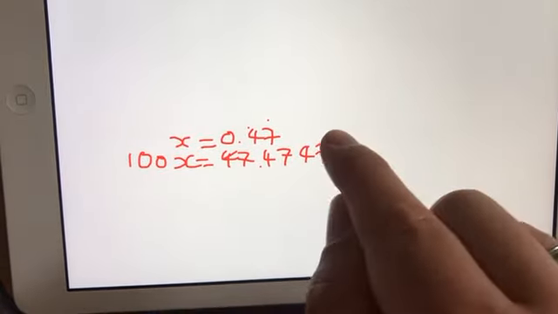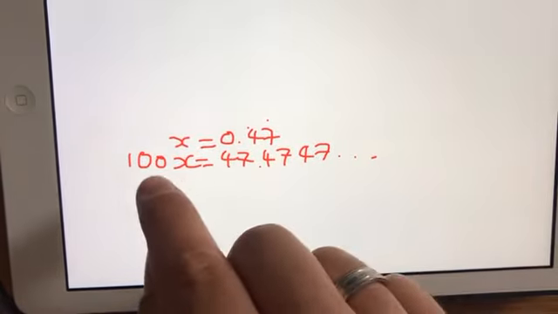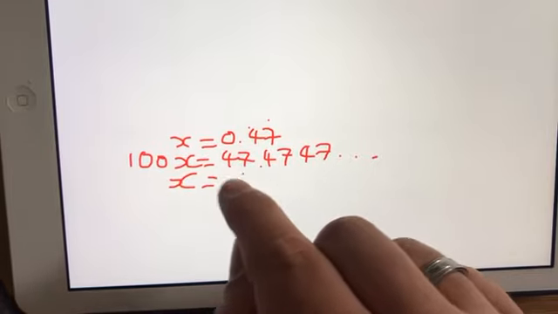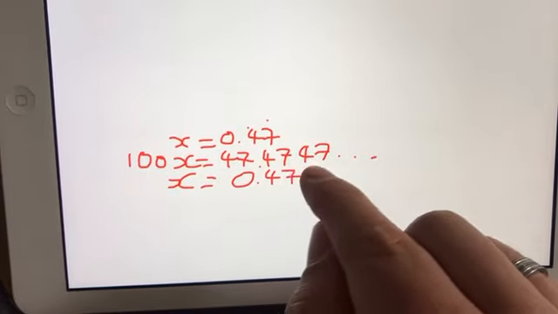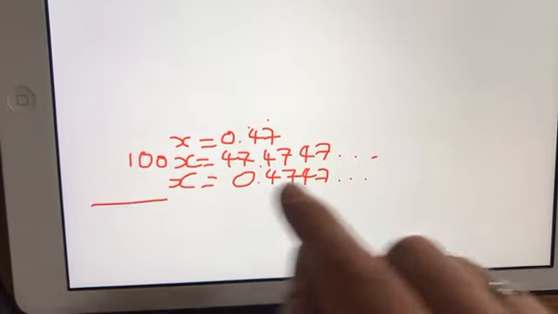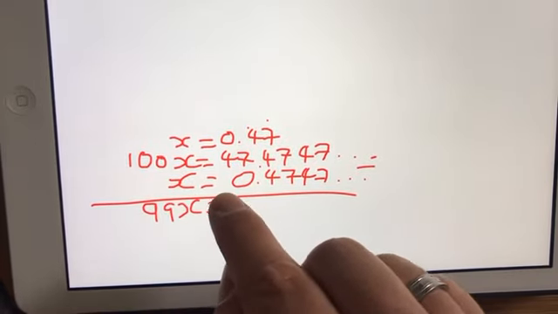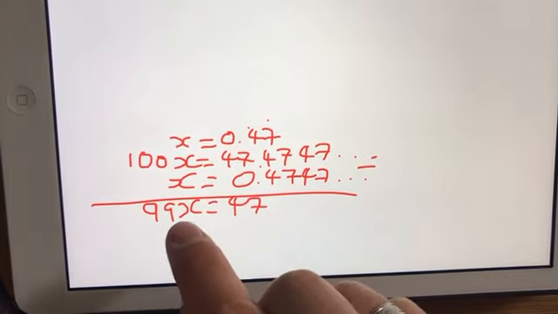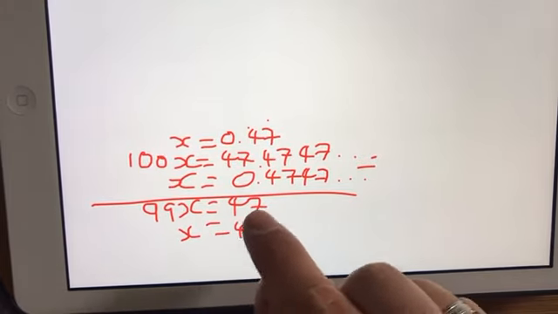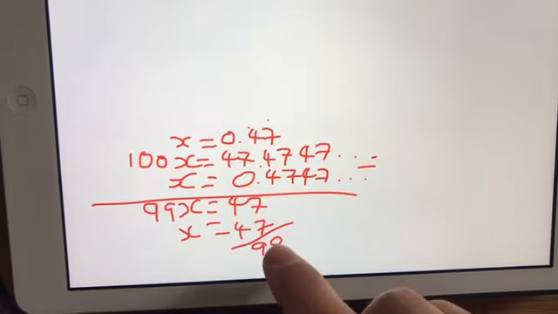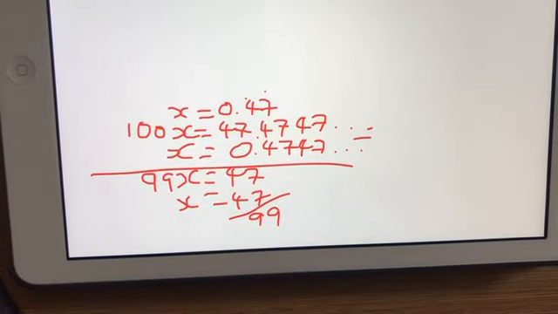Then I'm going to write this one underneath. I've got x equals 0.4747 going on forever. I'm going to take them away. Get 99x equals 47, and then divide by 99. X equals 47 over 99. I don't think that gets any smaller. I think that is as small as it'll possibly get, because 47, I believe, is prime.